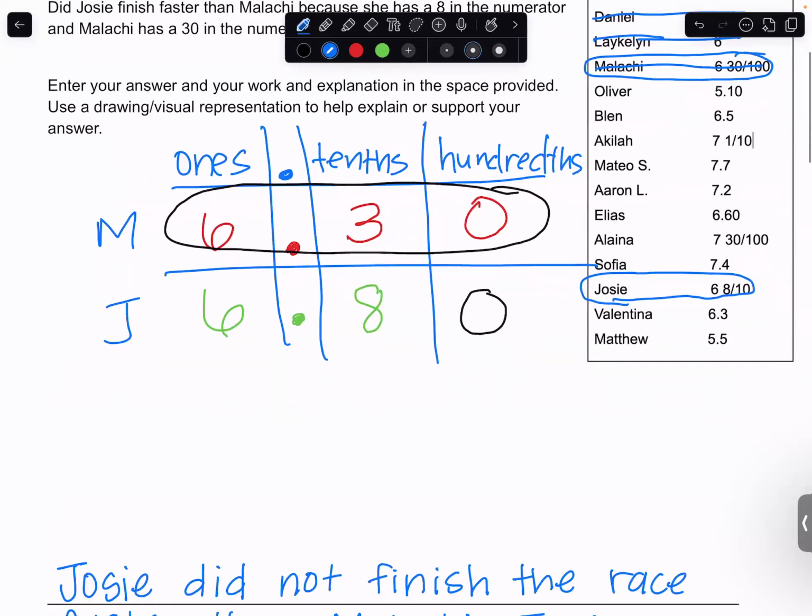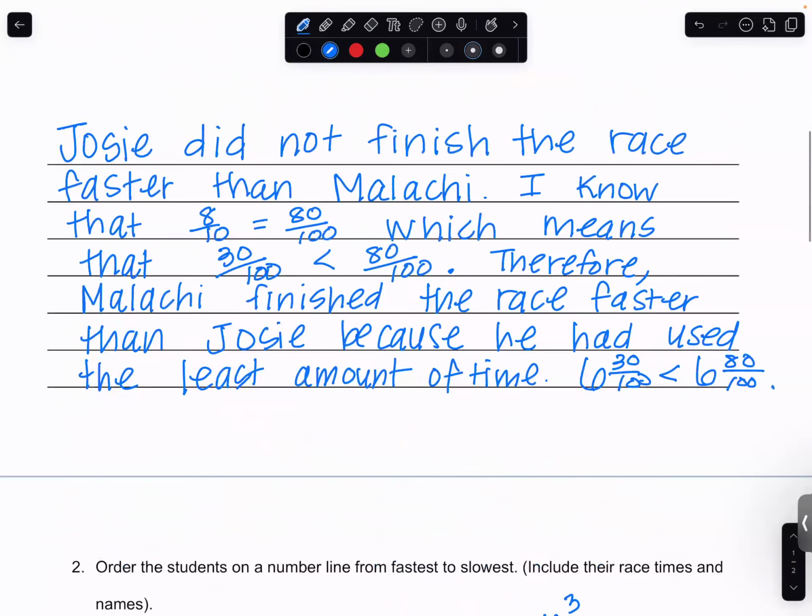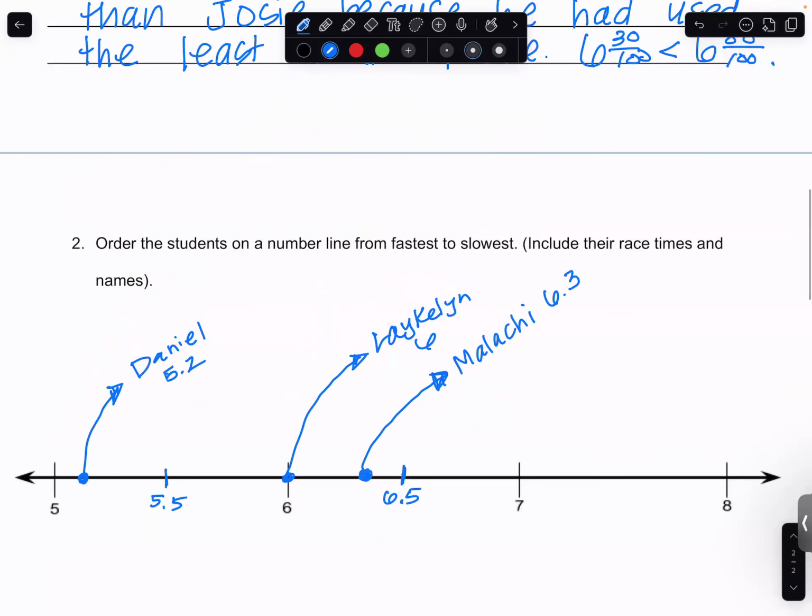Oliver ran 5 and 10 hundredths. Since I know 10 hundredths is also equal to 1 tenth, that comes before Daniel since he's at 5 and 2 tenths. So Oliver.